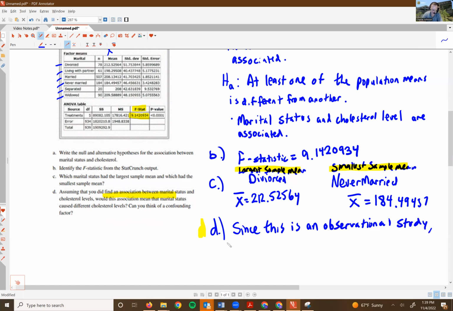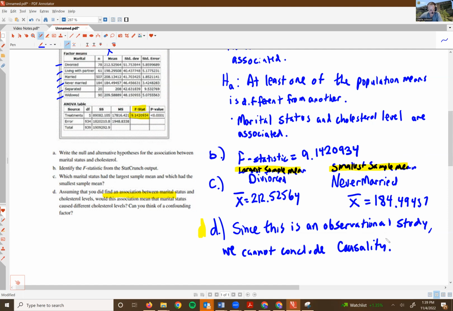Since this is an observational study, we cannot conclude causality. We cannot conclude that marital status causes different cholesterol levels. It may be true, but we just can't conclude that from this observational study.